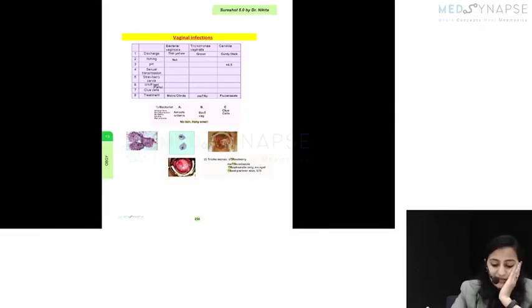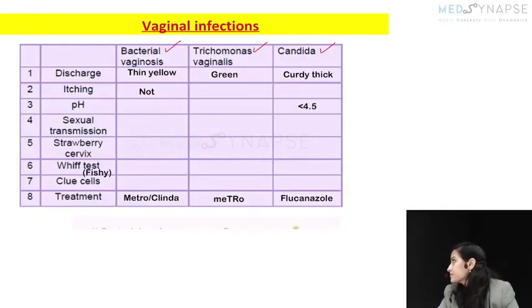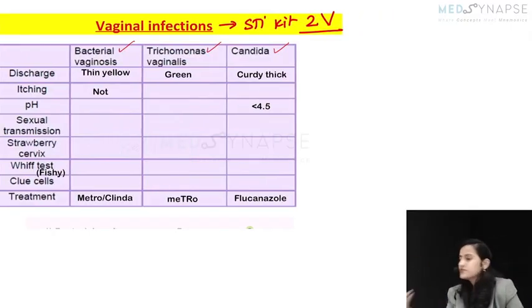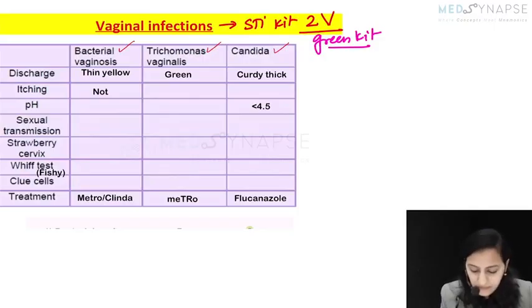Coming to vaginal infections, which is a very, very important topic, where you have bacterial vaginosis, trichomonas, and candida. What kit is used here? STI kit 2. B is 2. What is the color of this STI kit 2? It is the green kit.